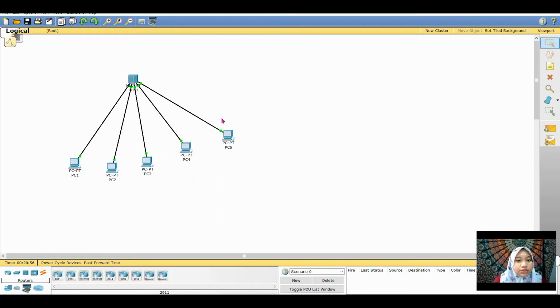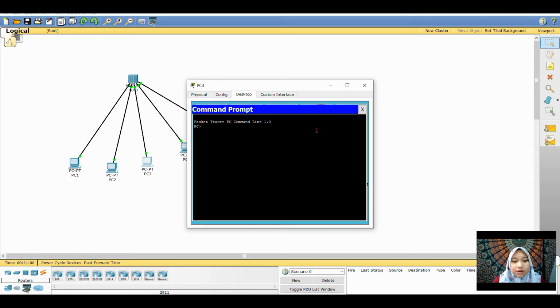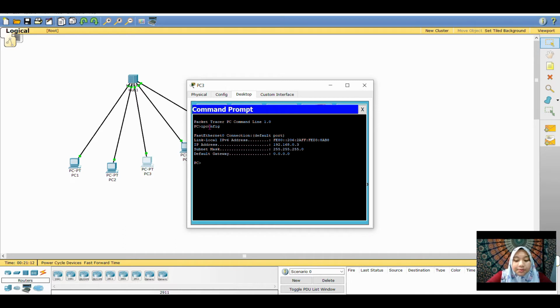Next, I show the command prompt. Enter ipconfig, complete, and enter. Okay. Next, ping. We need the IP address.